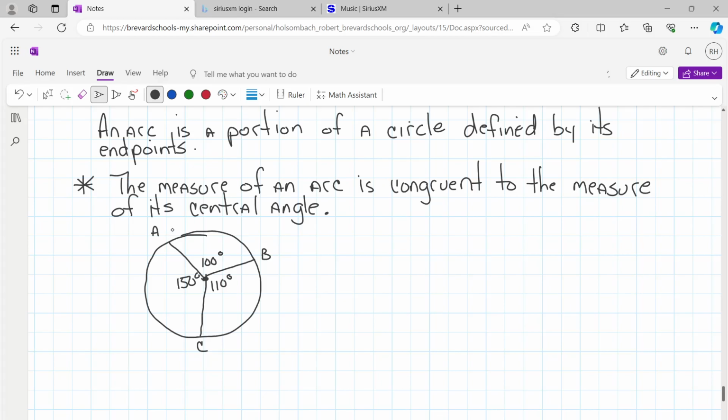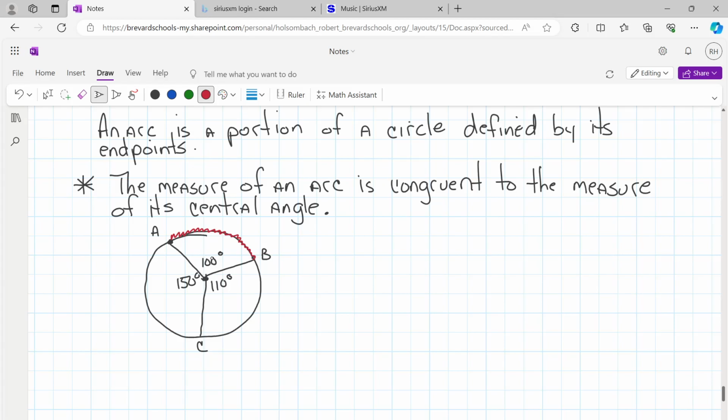Now, here's your arc AB up here. Its central angle is 100 degrees. Agreed? That angle formed arc AB.